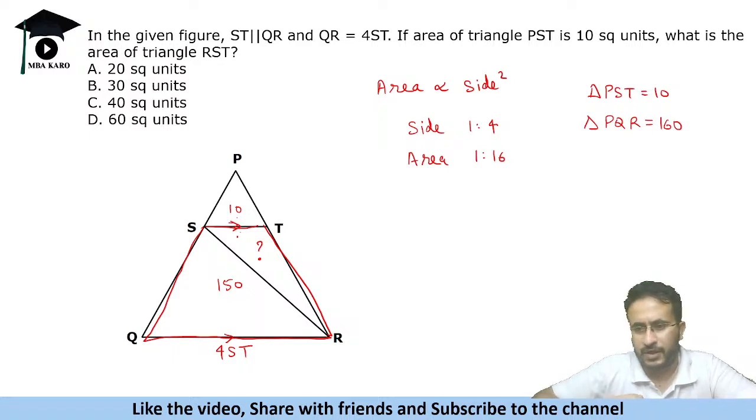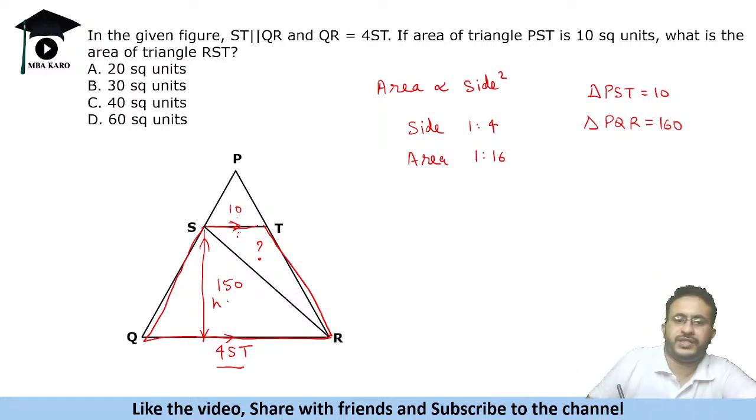Now, 150. See these two triangles: the height is the same, the base is 4 times, this is 4 ST, this is ST, right? So these areas will be in the ratio 4:1. RST to QRS is going to be 1:4.